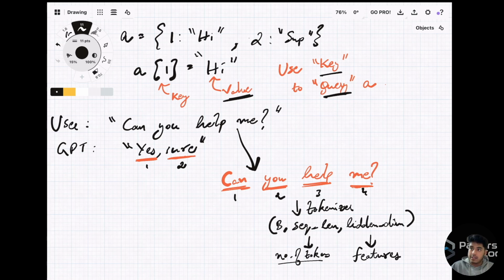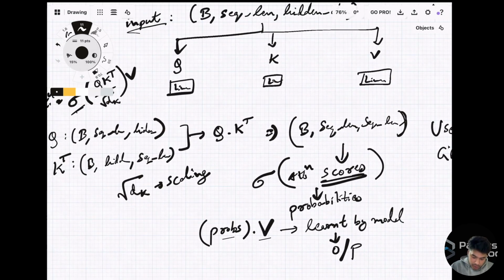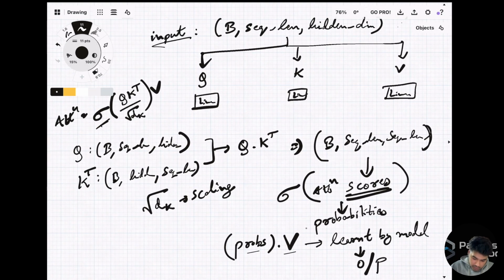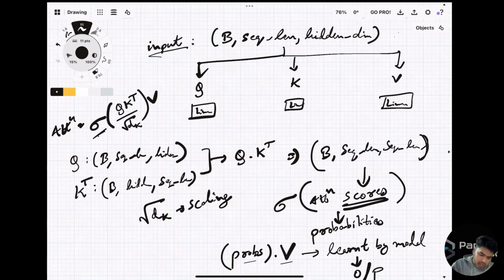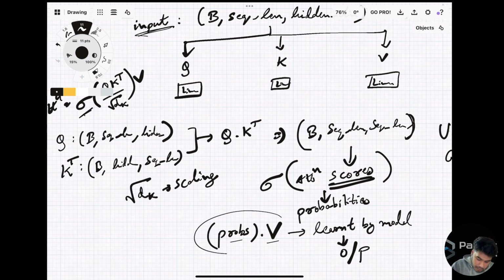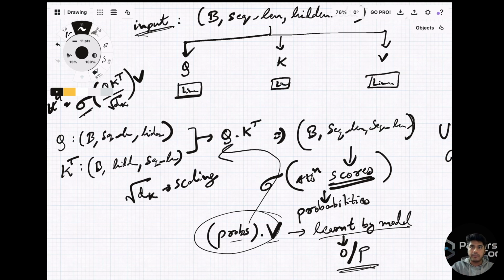So every token gets to talk to each other, and we generate a set of probabilities which then get multiplied with V values, which are basically just a copy of the input. Then this entire process is learned through backpropagation by the model, and we get an output. The idea is we optimize, optimize, optimize until we get a good output. I hope that makes sense.